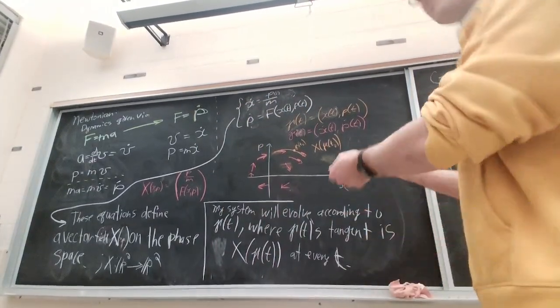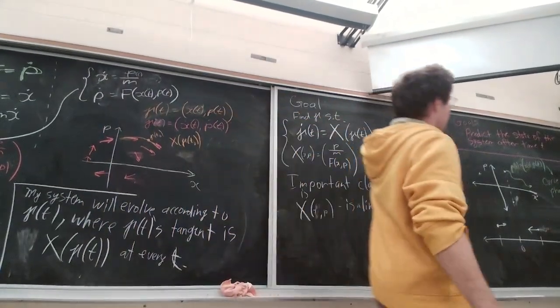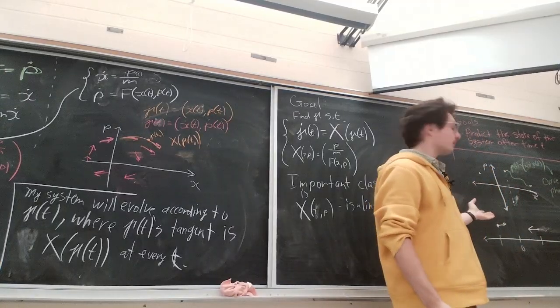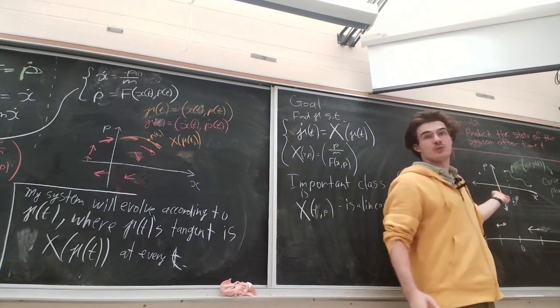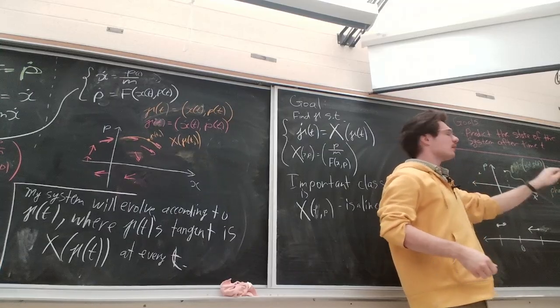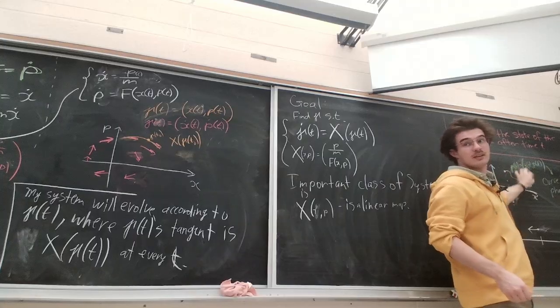Okay, but yeah, people now realize how we've gone. We started off with this idea: I want to predict the state of the system after time t, right? I defined what the state of the system is. The state of a system is some point in R2 for a one-dimensional particle. And so finding the evolution of a system should be the same as figuring out what curve it traces in R2.